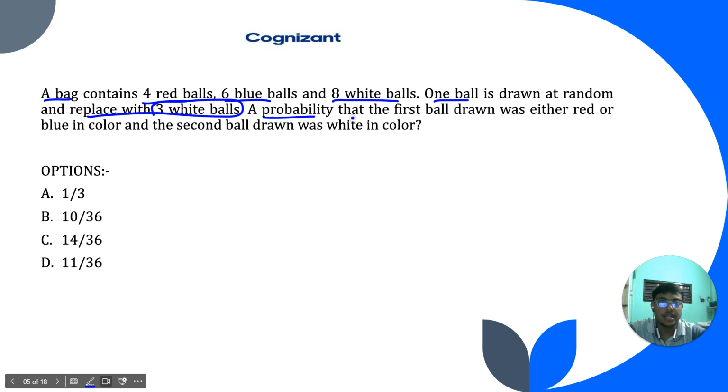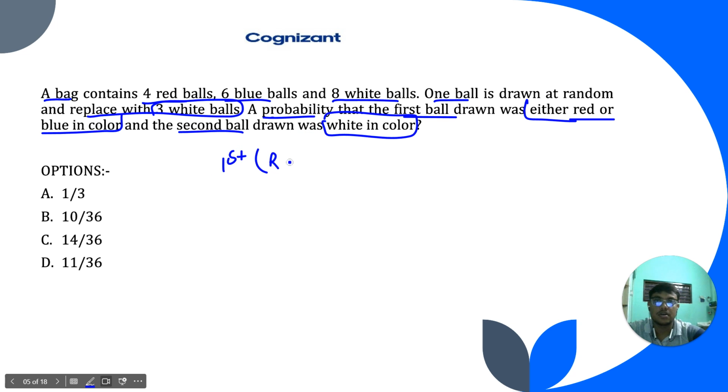A probability that the first ball drawn was either red or blue in color, and the second ball drawn was white in color. Okay, so the first ball drawn would be either red or blue. Okay, and the second ball drawn would be white. We have to find this probability.